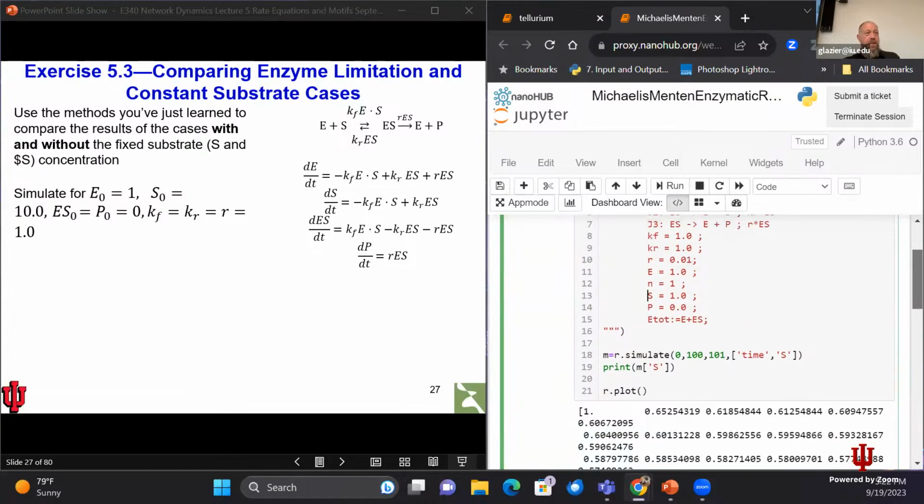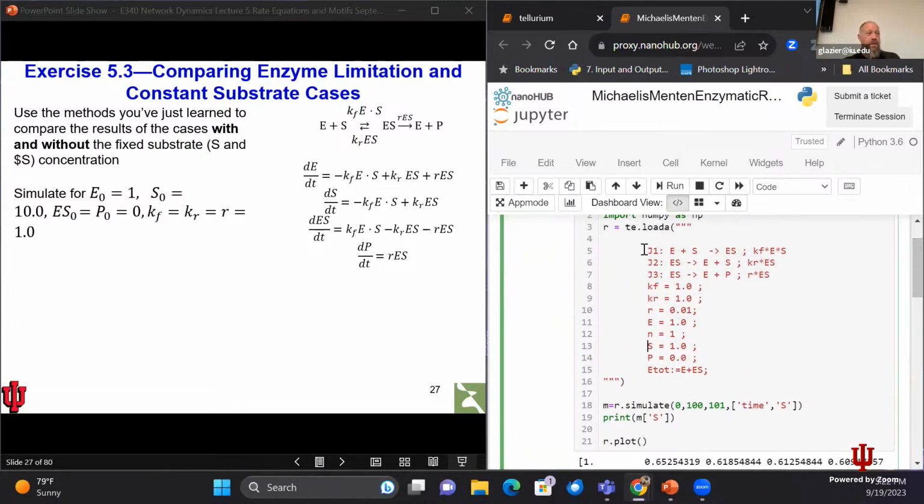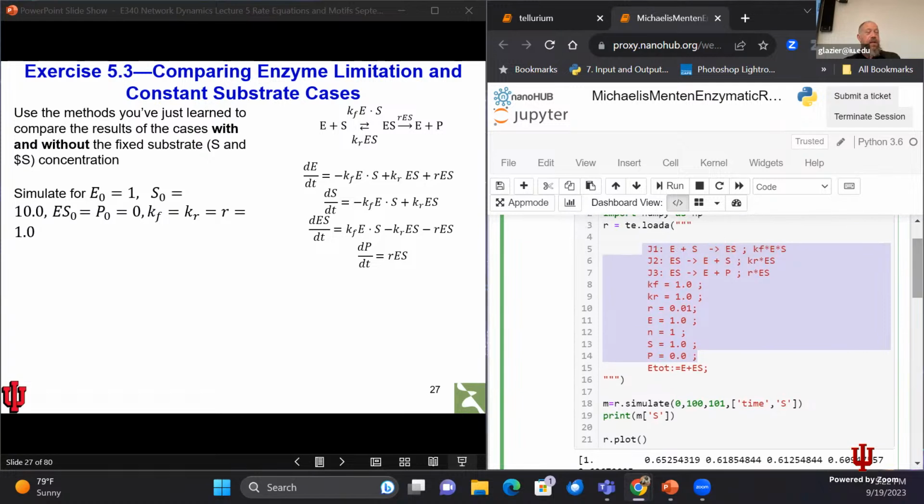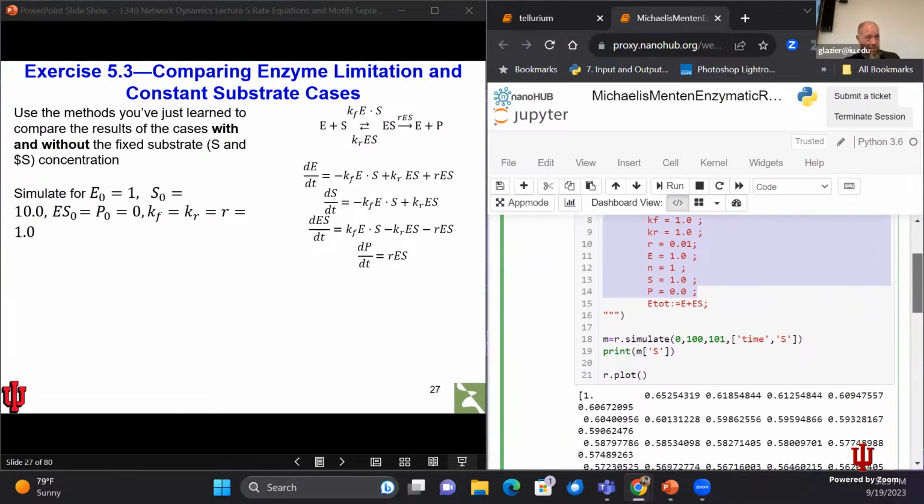You could basically take this code, duplicate it, and say, I don't know, E1, S1, ES1, and so on. One with a $ sign or one without, inside one Antimony string, or you could have two Antimony strings, one with a $ sign, one without. It's up to you to decide how you want to do that.